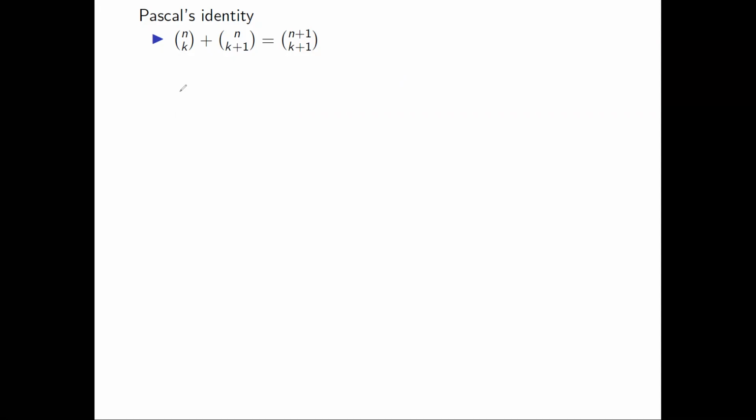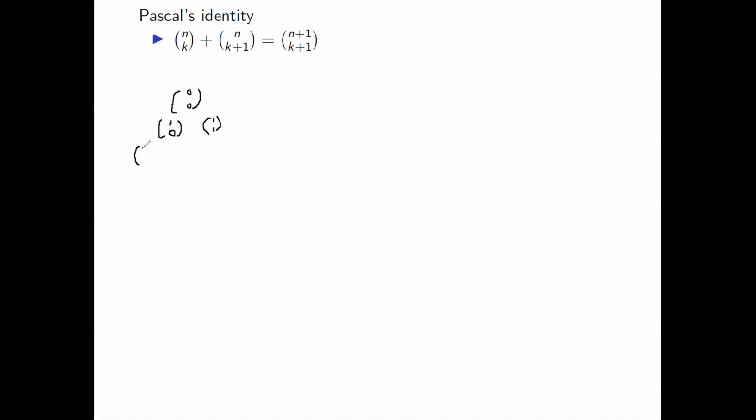So I'm going to write it in two ways. Over here, I'll write it in terms of binomial coefficients. So each row is a value of n, and we list n choose k for each k from 0 up to n.